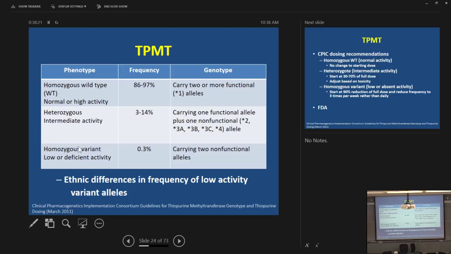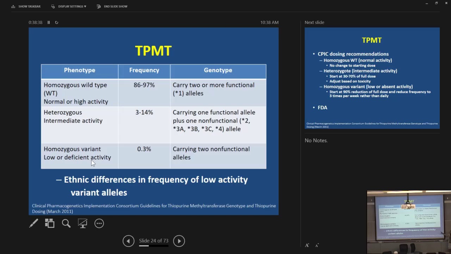And those who have homozygous variant or low activity are a very, very small part of the population. These would be people who carry 2 non-functional alleles.